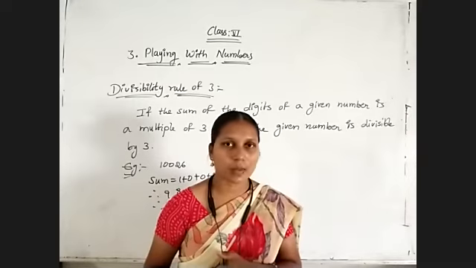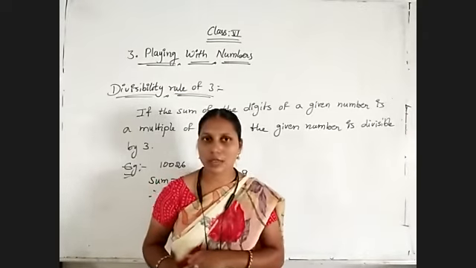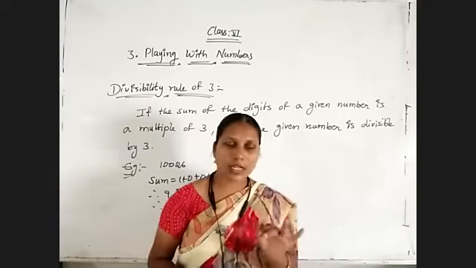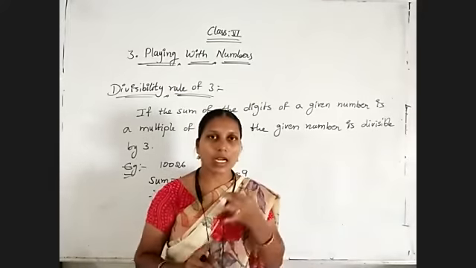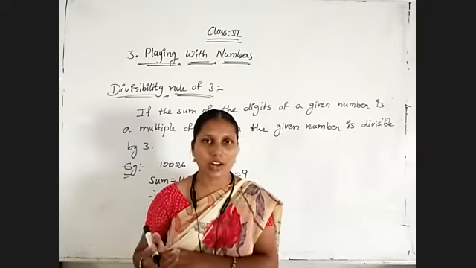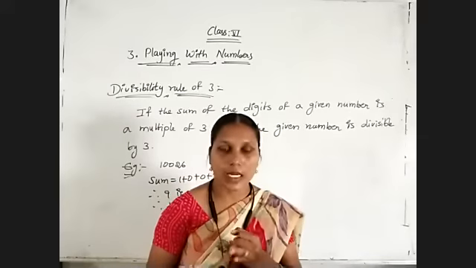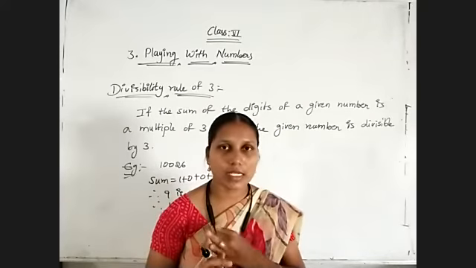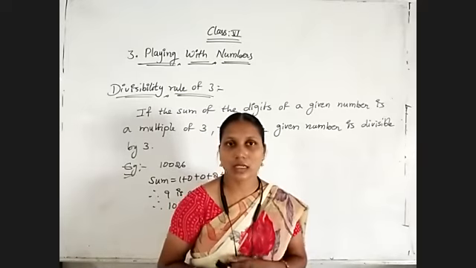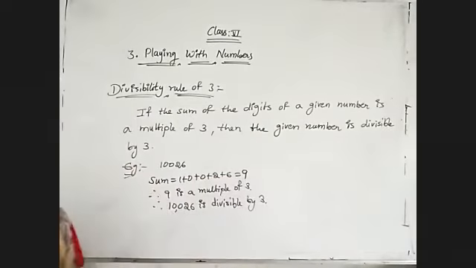Otherwise, it is not divisible by 6. For suppose, if a number is divisible by 2 and it is not divisible by 3, then that number is also not divisible by 6. It must be divisible by both 2 and 3. That means whenever they are asking whether the given number is divisible by 6 or not, in that case, check first 2 and then 3. If it is divisible by both of the numbers, then only it is divisible by 6. Okay, now take the divisibility rule of 6 also.